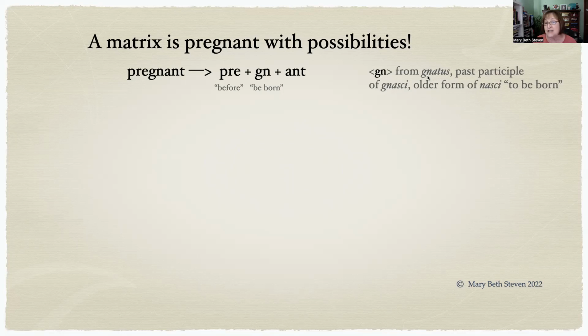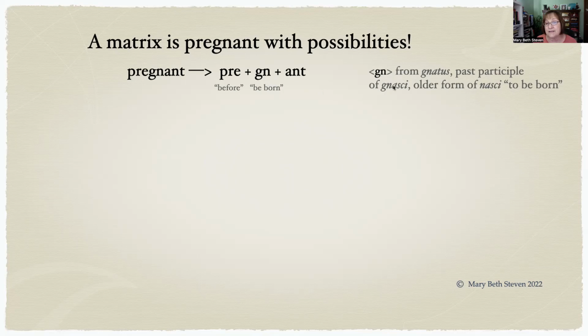That leaves me with GN as the bound base. I'm calling it a bound base because we don't ever see it as a base on its own. It is always fixed to either a prefix or a suffix. And in the word pregnant, it has both a prefix and a suffix attached to it, right?